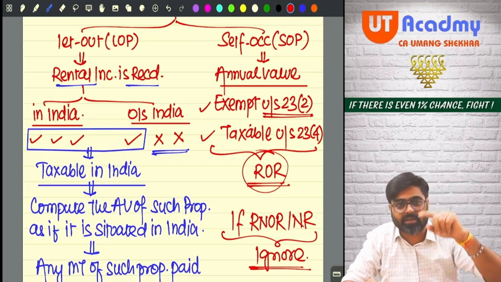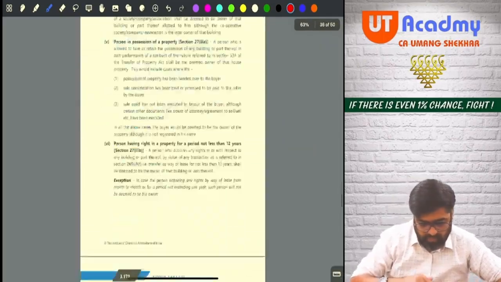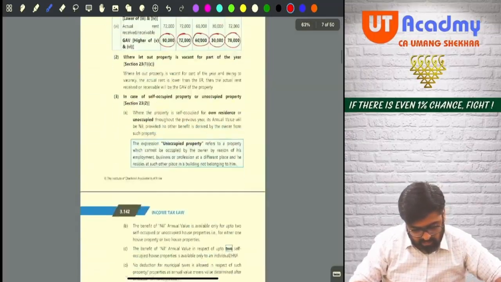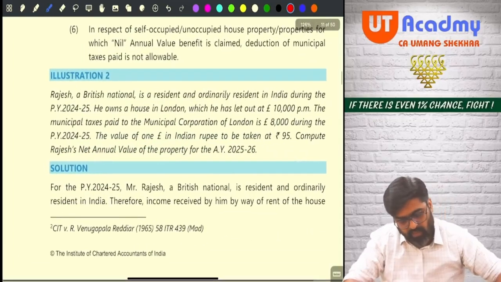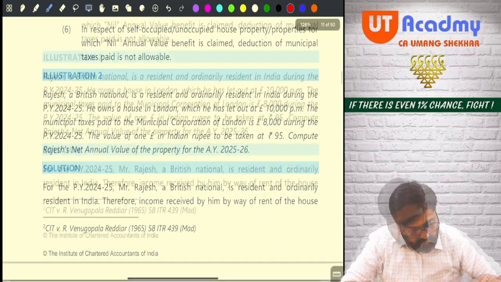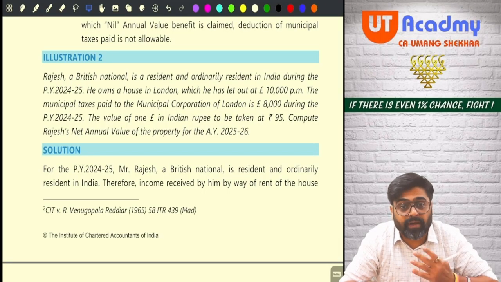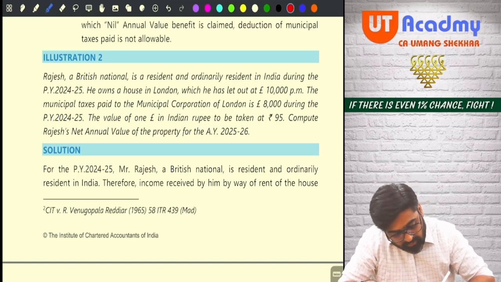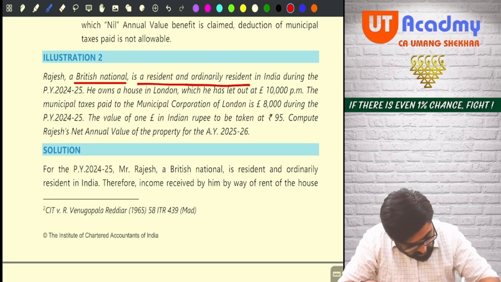Now come to your illustration number 2. Rajesh, a British national, meaning that he is a citizen of Britain, is a resident and ordinary resident in India. Even though he is a citizen of Britain, his status is ROR.